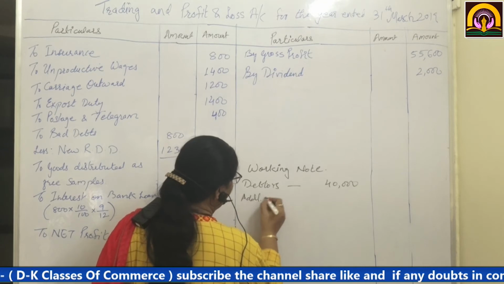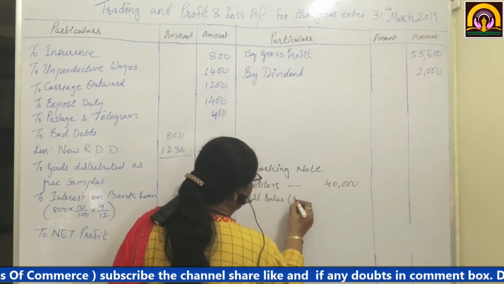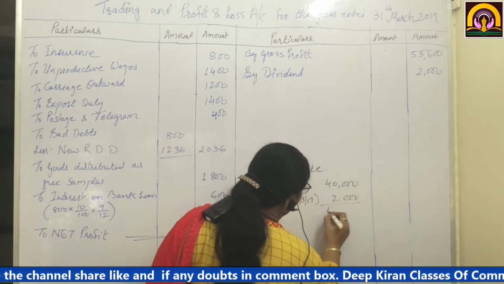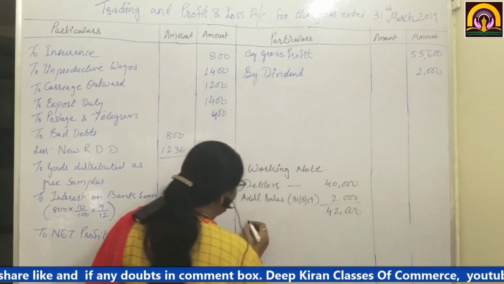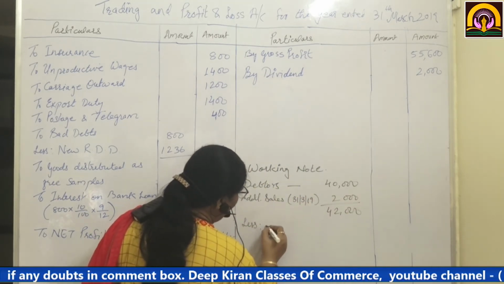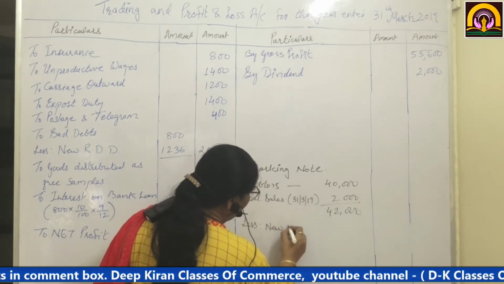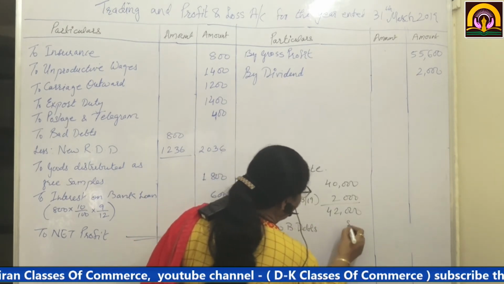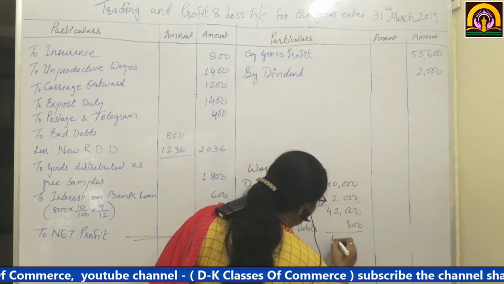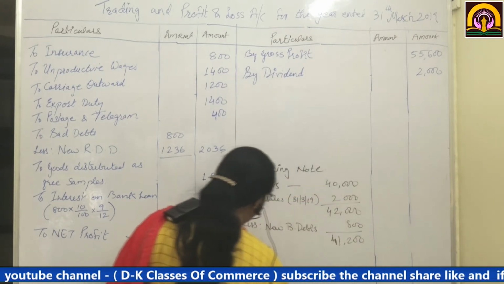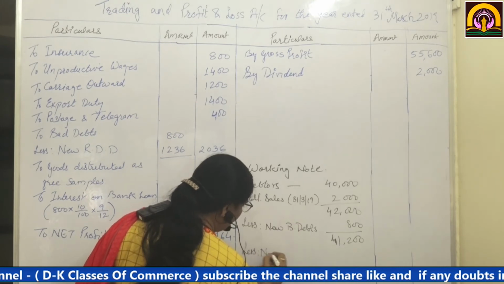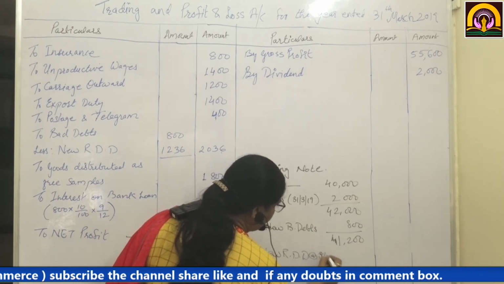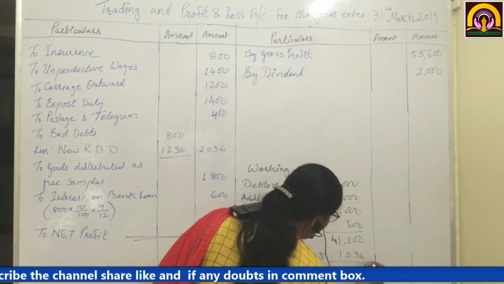Additional sales on 31st March 2019, 2,000, that makes 42,000, less new bad debts 800, 41,200, and on this new RDD at the rate of 3%. So 1,236 it is going to come.